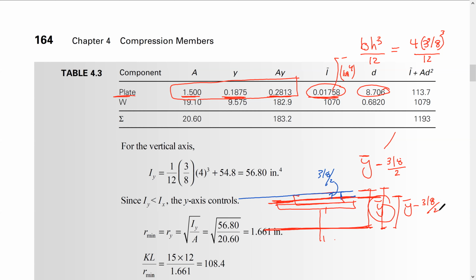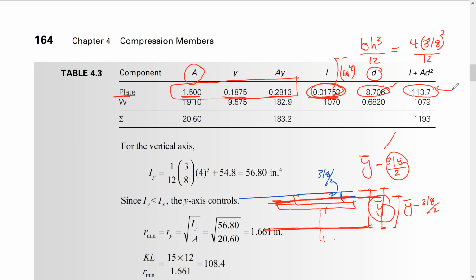And this Y hat or Y dash we got, 8.893 minus this much, we will get this much, 8.76. So that is, and here is the total, which is I, this, plus the area times D squared, and here it is. This is the result.